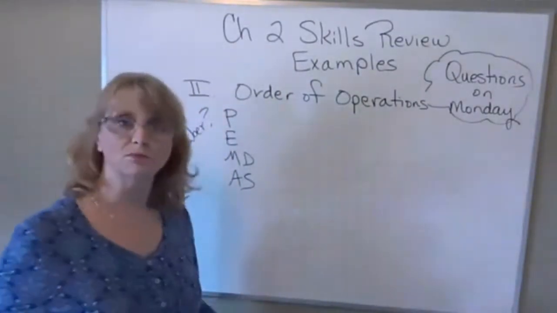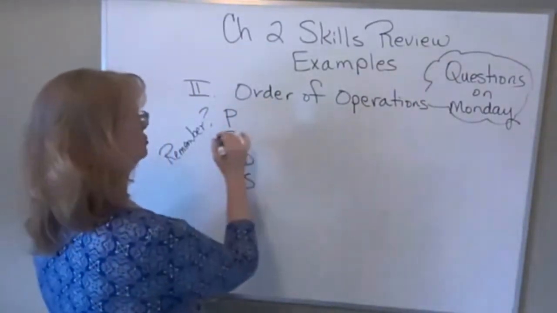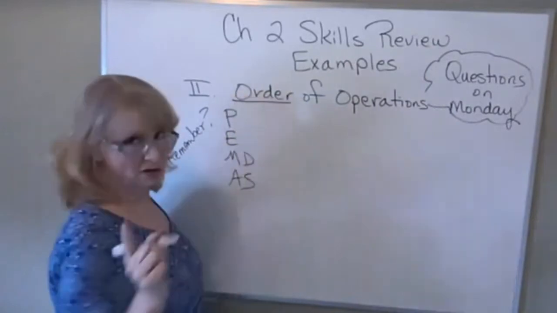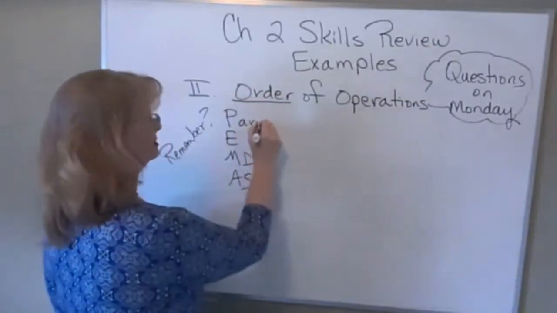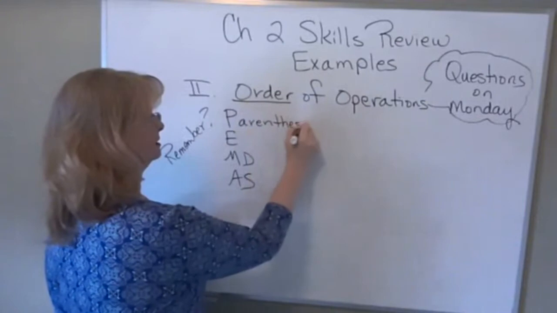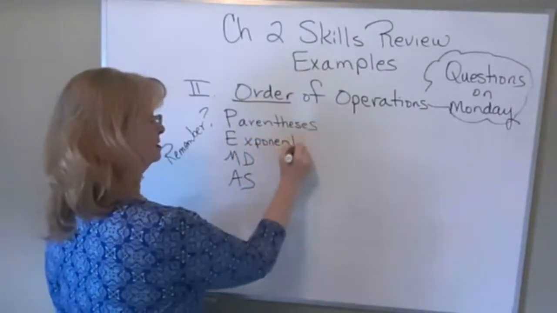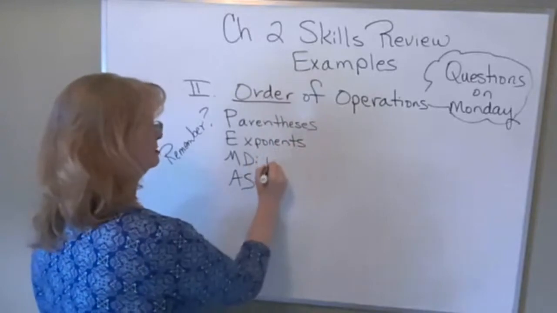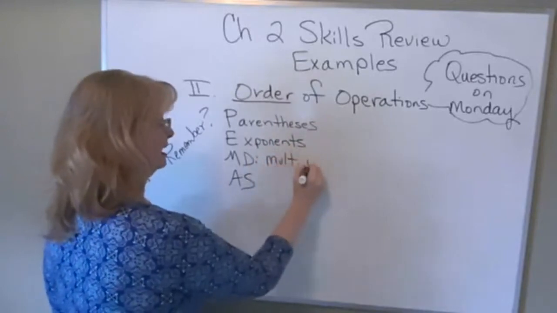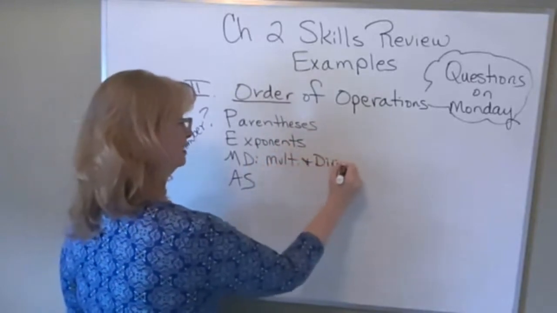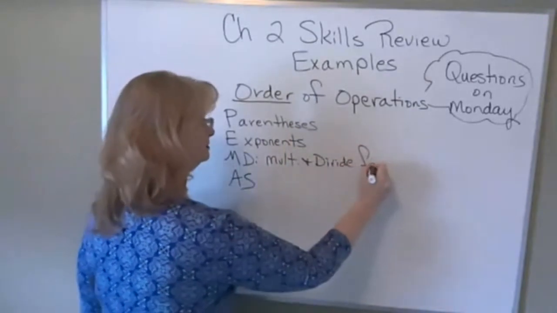So remember, when there's more than one operation, the order that you do this in is parentheses, then exponents, then multiply and divide from left to right.